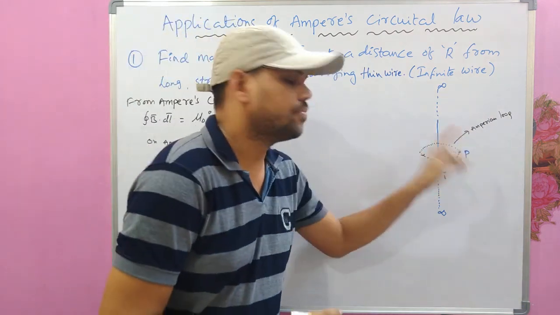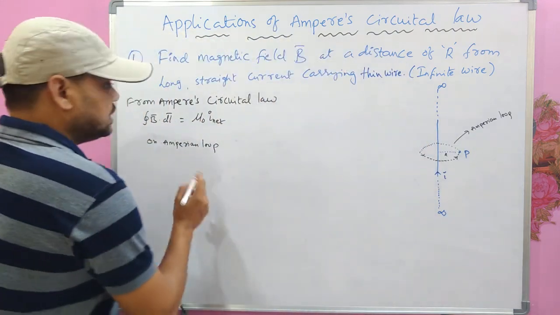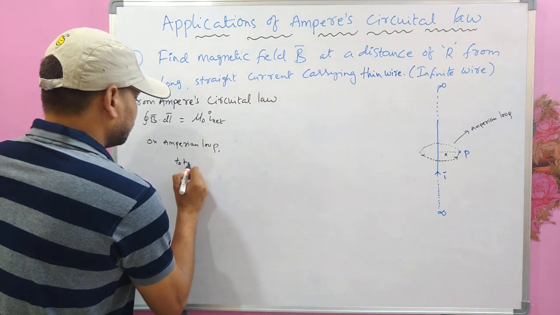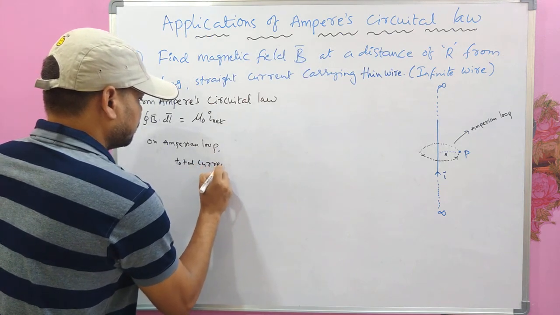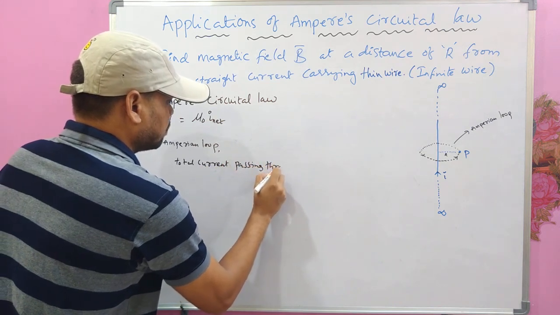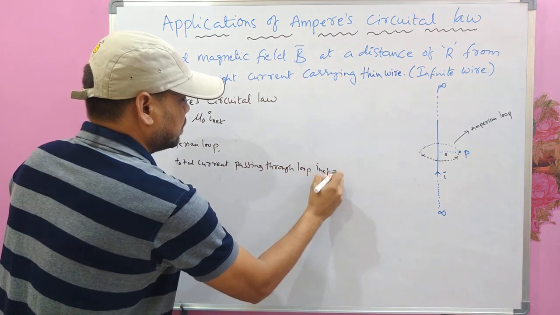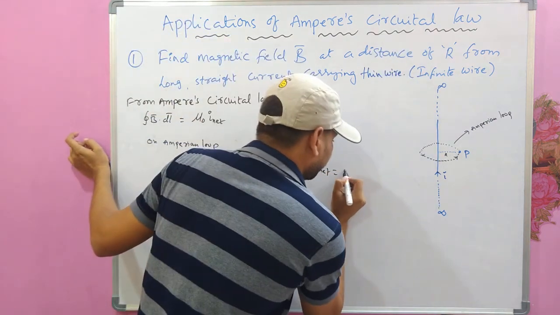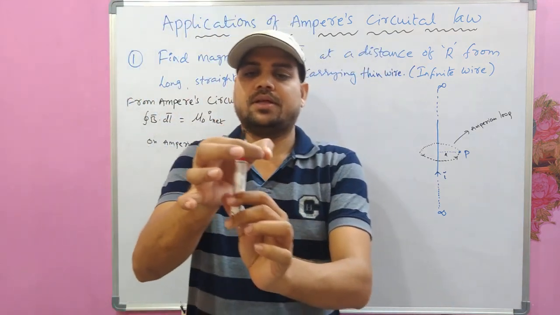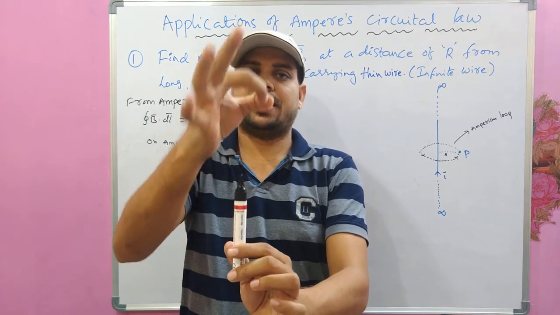Okay, so on this Amperian loop, what is the total current passing through it? Total current passing through the loop, that is I net, is equal to how much? Current I is passing through the loop. This is the current carrying thin wire and this is the Amperian loop.